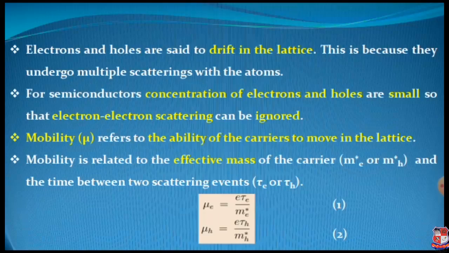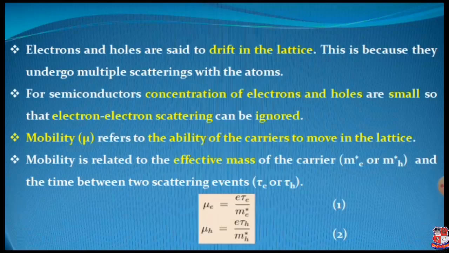The mobility can be mathematically expressed for electrons and holes by using equations number 1 and 2 respectively. mu e is equal to e tau e upon me star, and mu h is equal to e tau h upon mh star.